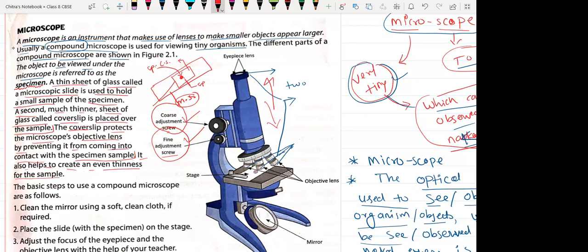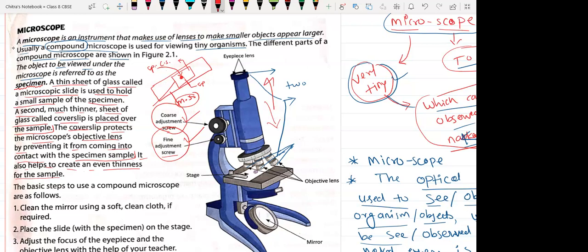Then whatever object we want to see, we have to place inside the vacuum chamber at a very, very low pressure. Then an electrical discharge tube is placed there, and on a fluorescent screen the image of the electron is formed. That's why electron-level objects can be seen with the help of an electron microscope.